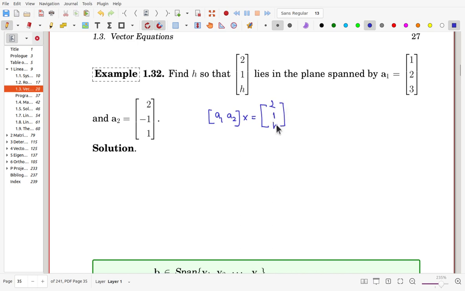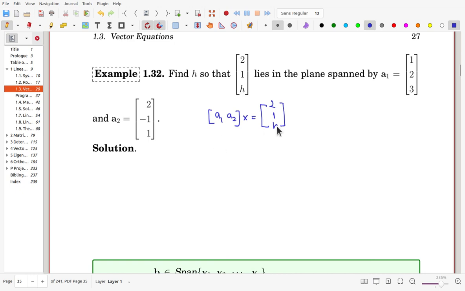The plane spanned by a1, a2 is just the collection of linear combinations, so we have to find h such that this system has a solution.